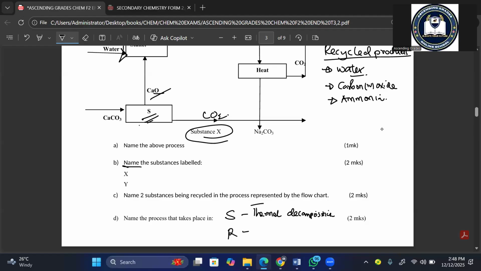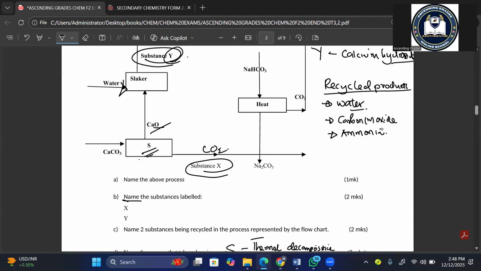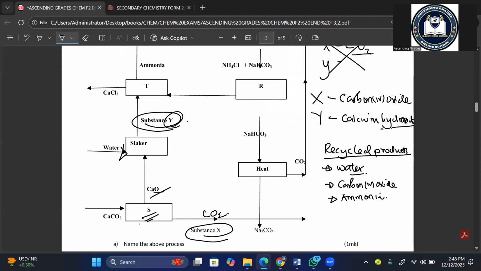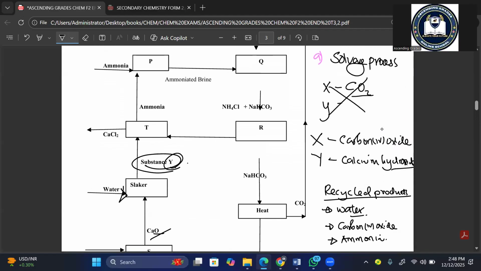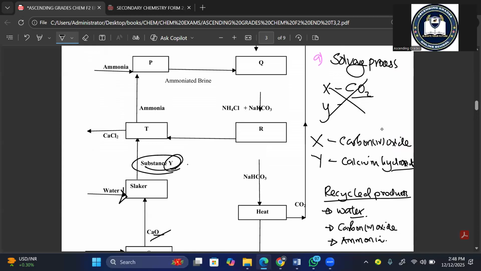Then we have R. Let's check where R is. R is somewhere here. So you can see what is being brought in here to R. We have ammonium chloride and sodium hydrogen carbonate.